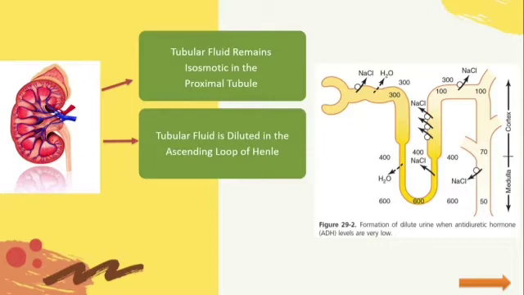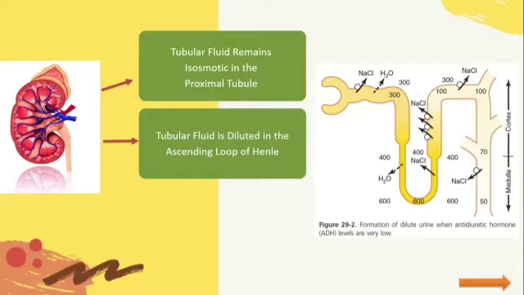But even in the presence of a large amount of antidiuretic hormone, this tubule is impermeable to water, which means that the fluid becomes more dilute as it goes through this tubule and into the early distal tubule, with the osmolarity decreasing to about 100 milliosmoles per liter.